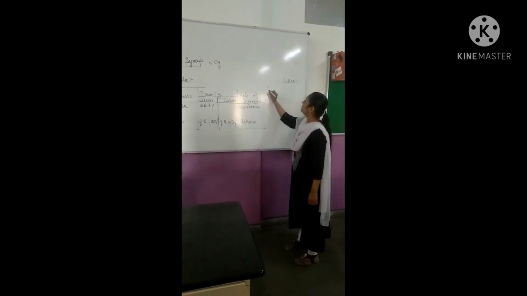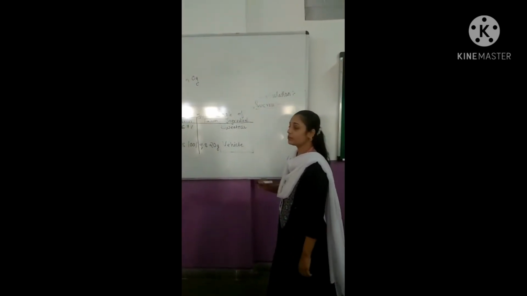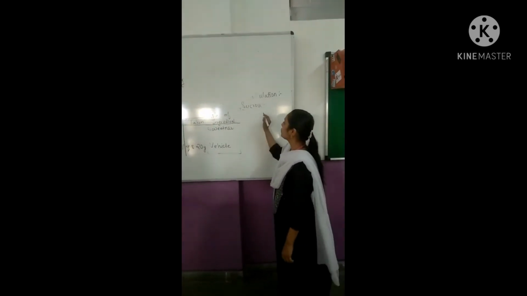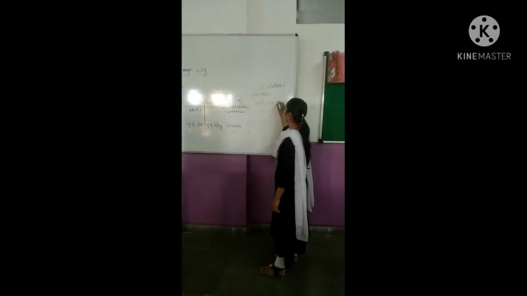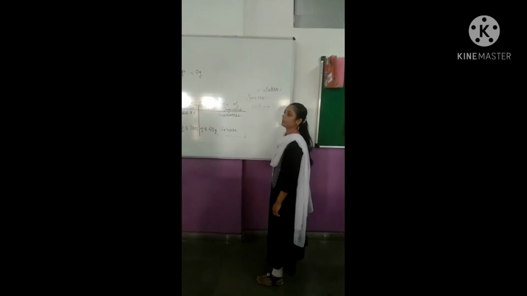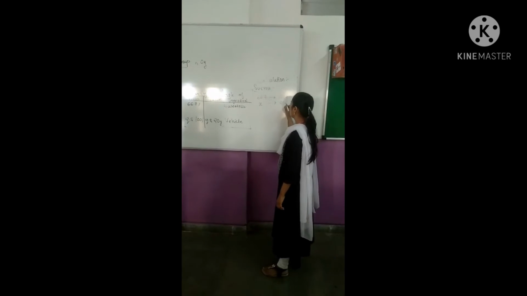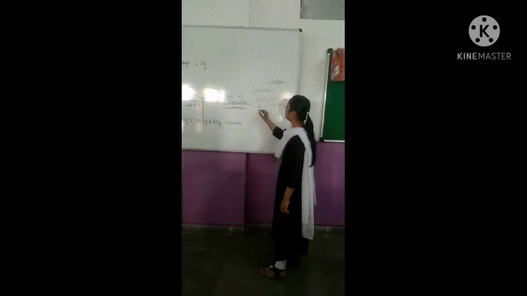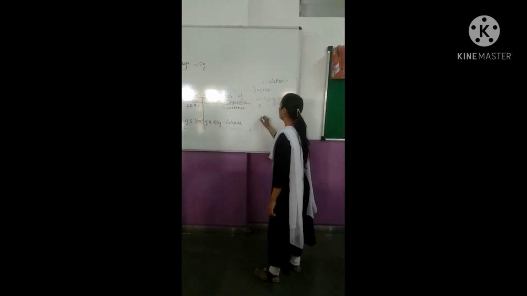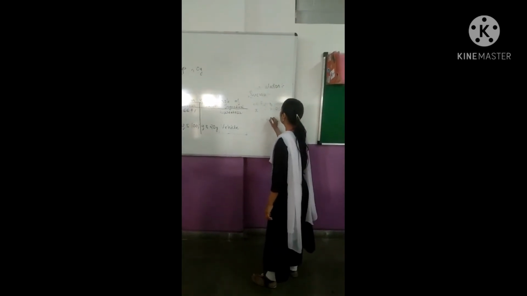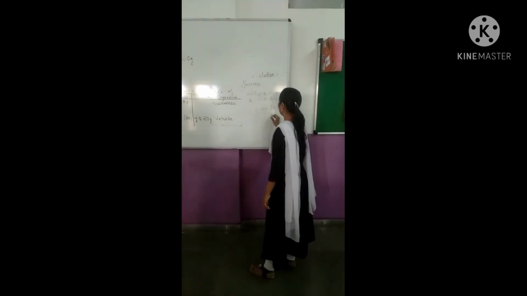66.7. For sucrose, always write which ingredient you are doing the calculation for. So I am doing it for sucrose. Sucrose 66.7 is required for 100 grams. So how much quantity will be required for 20 grams? To find out the x, we will do the cross multiplication. So what will be the value of x? 66.7 into 20 divided by 100.